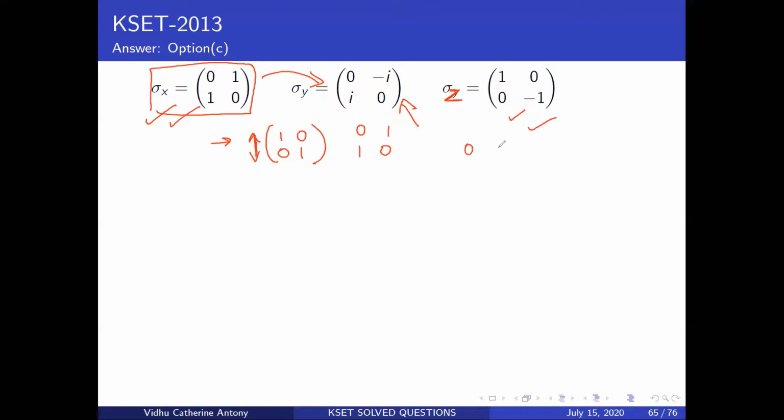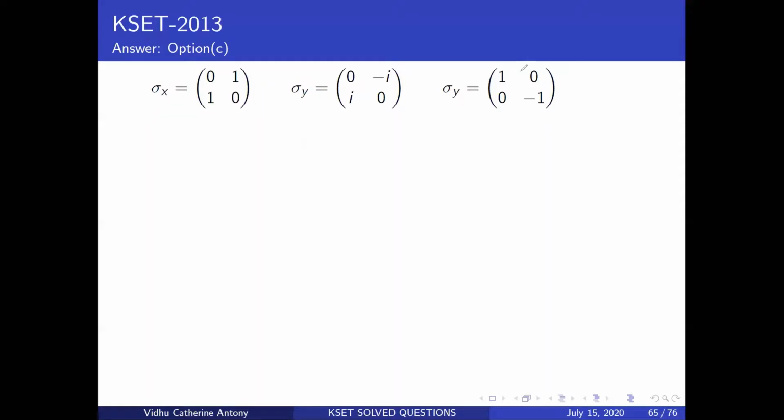So 0, i, 0. The first one does not have a minus sign. The second and third have a minus sign. The second one has the sign on top. The final one, which is similar to the identity matrix, has the sign at the bottom. I don't know if this would help you, but this is how I try to remember it.